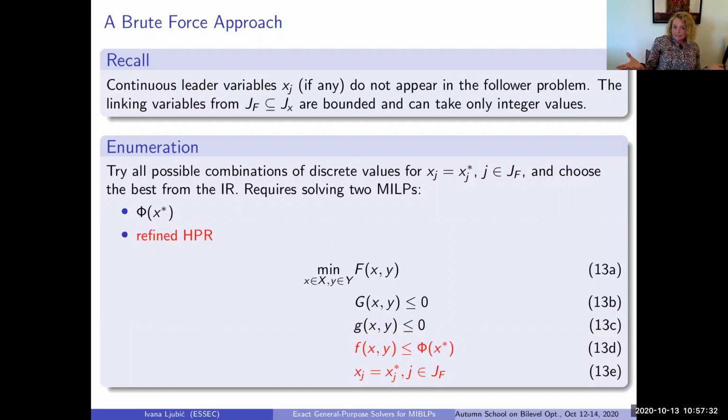As I said, in practice, this is not something that you would prefer to do because this is an explicit enumeration.